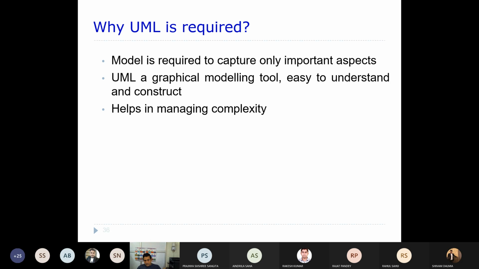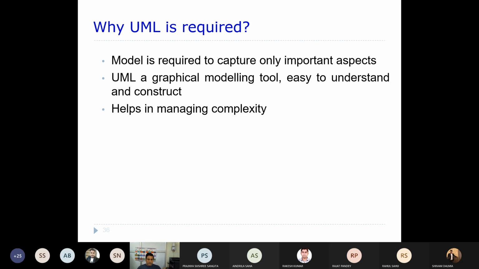You can easily specify your requirements, someone can easily understand them, and it is also easy for us to construct. So it helps in managing complexity. It helps us understand a complex problem better, and as a result you can manage the complex problem better also, right?